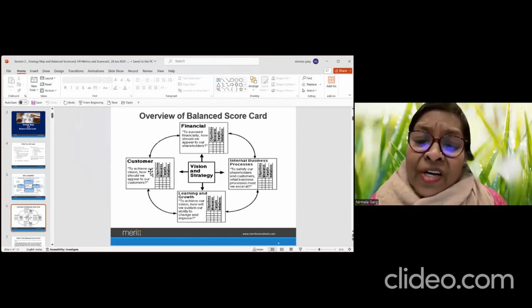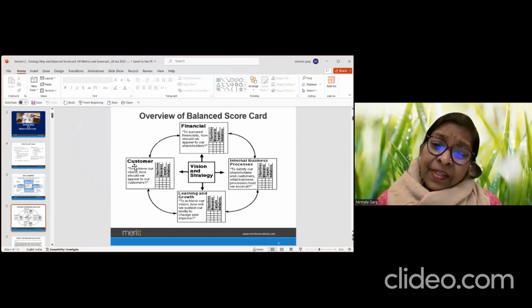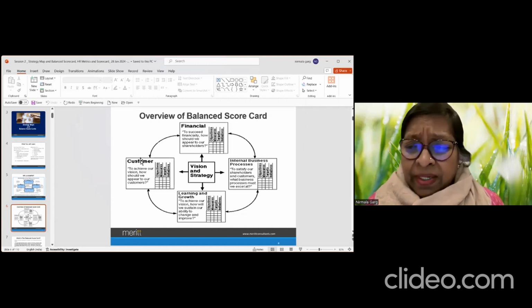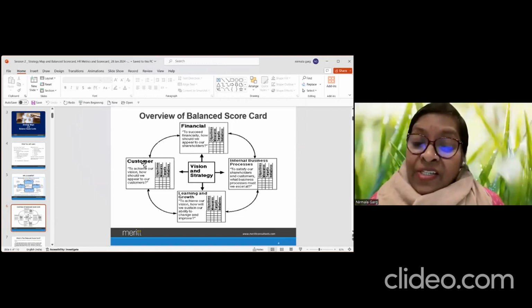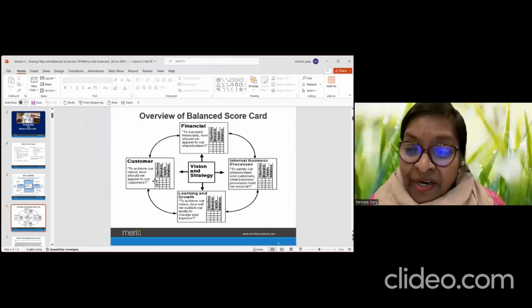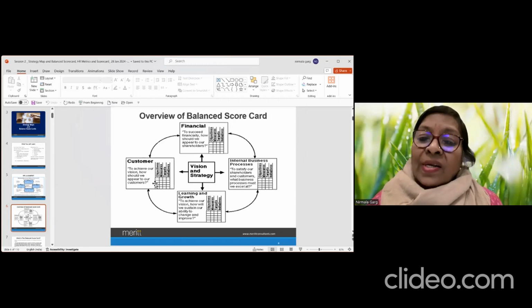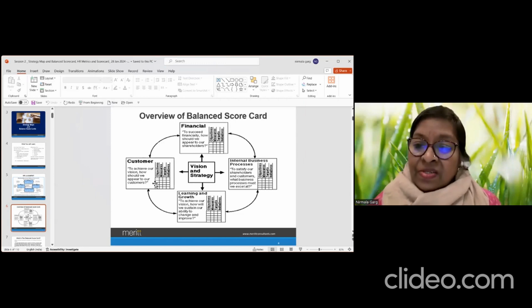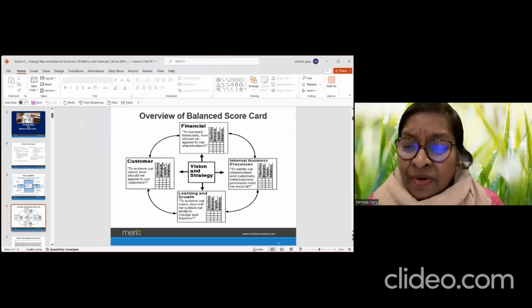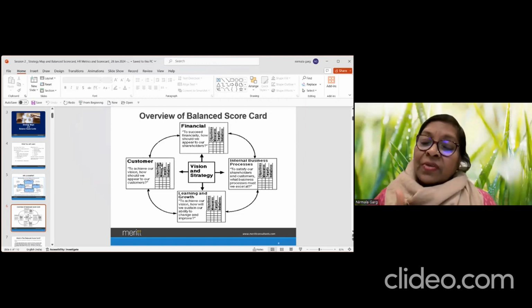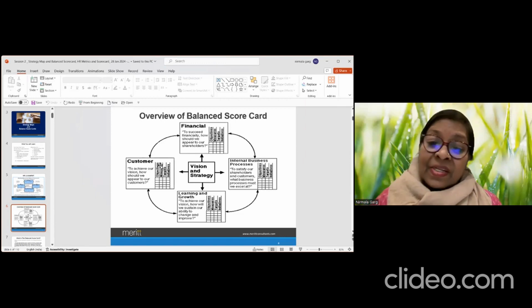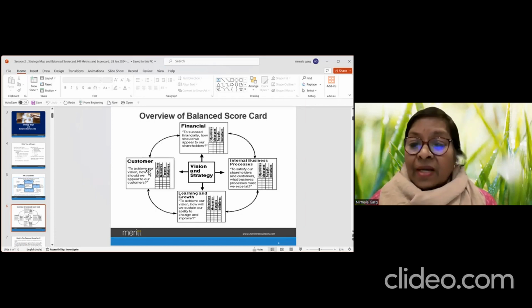How will you measure success from the customer perspective? Customer satisfaction rating. You will say number of customers, market share, right? Old customers, new customers. So everything about customer retention, whether it's a manufacturing organization, a service sector or a retail sector, you will have that.